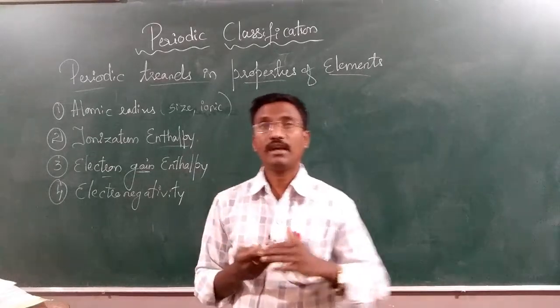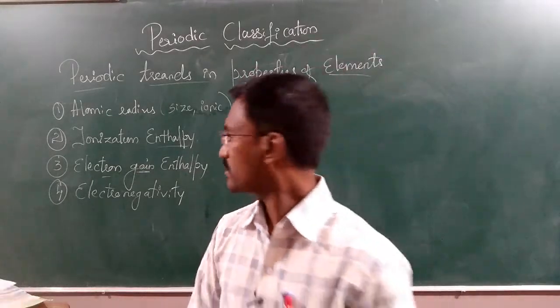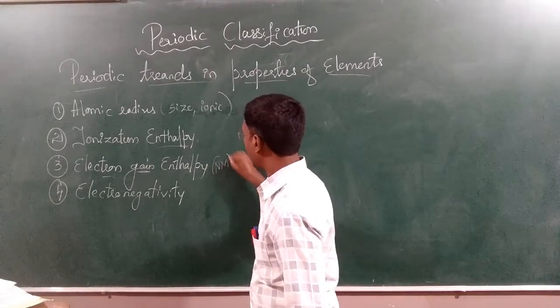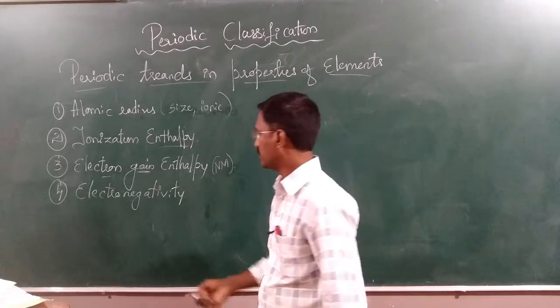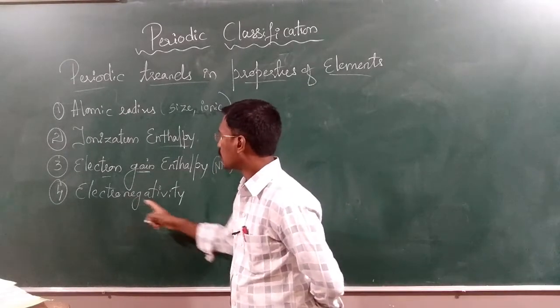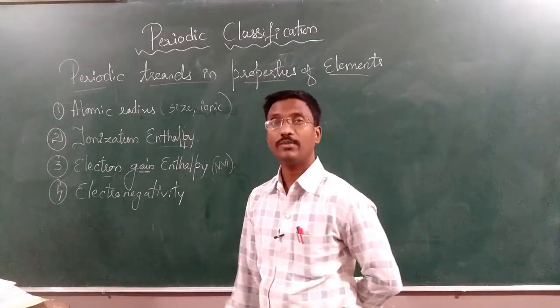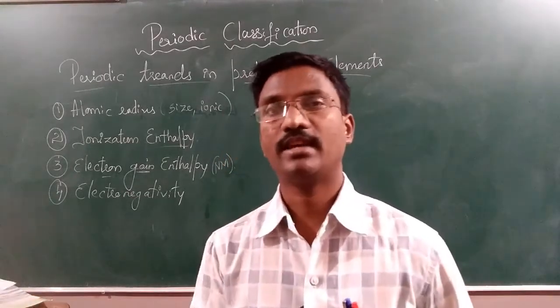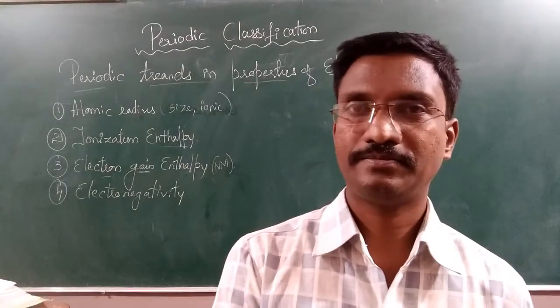Electron gain enthalpy, how is it? Electron gain enthalpy is nothing but we are going to say about the non-metal. Electron gain enthalpy, how it varies. Similarly, can you see here electronegativity? Which elements undergo negative charge, metals or non-metals?